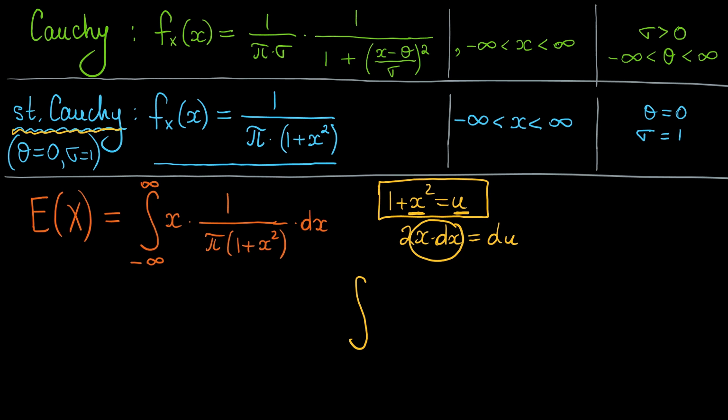So it wouldn't work right away, but we see a lot of promise here, and the only thing we need to do before we make this substitution is to split this integral into two. The integral from negative infinity to 0 and from 0 to infinity. So let's do just that.